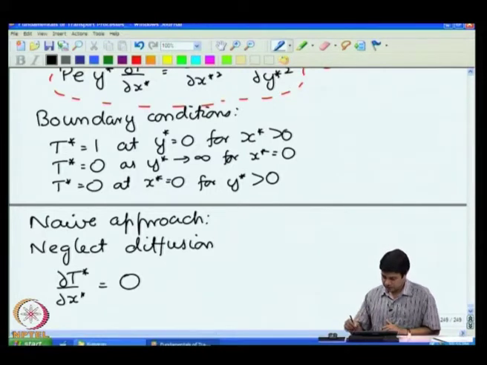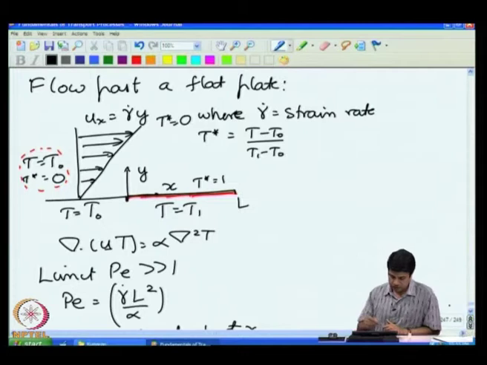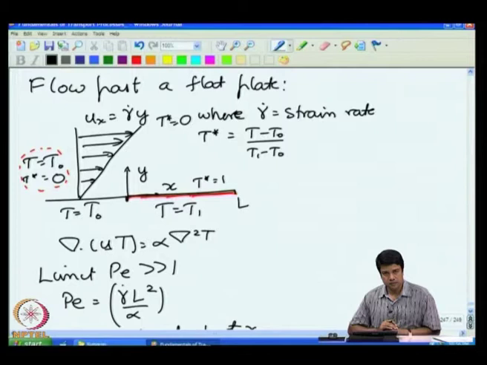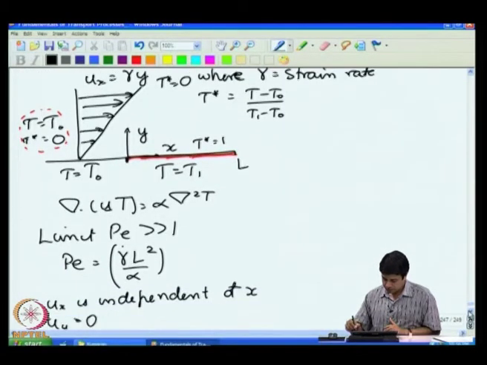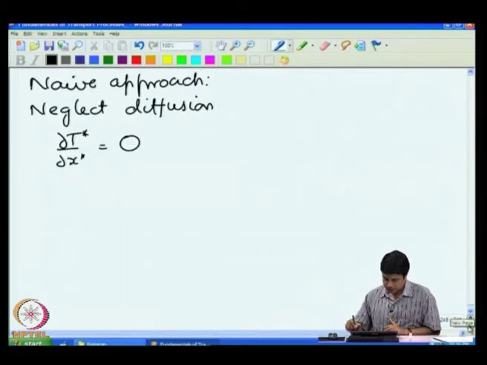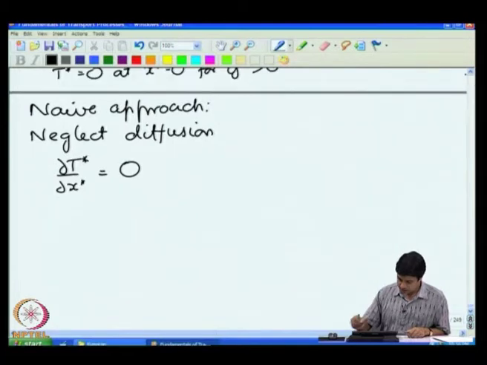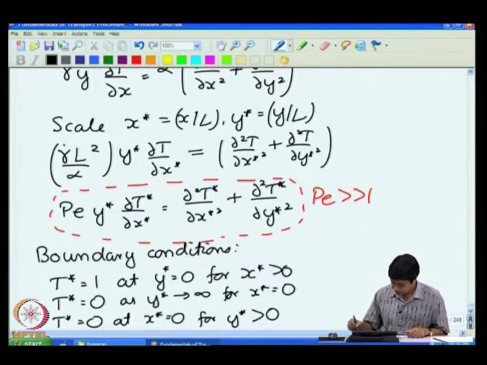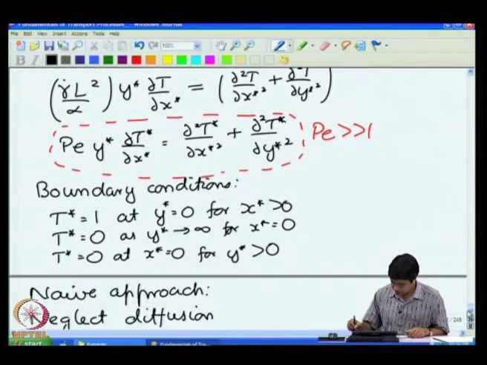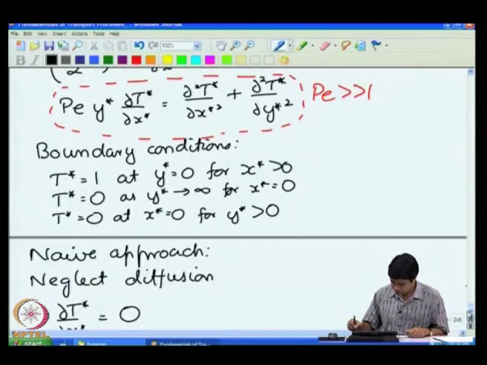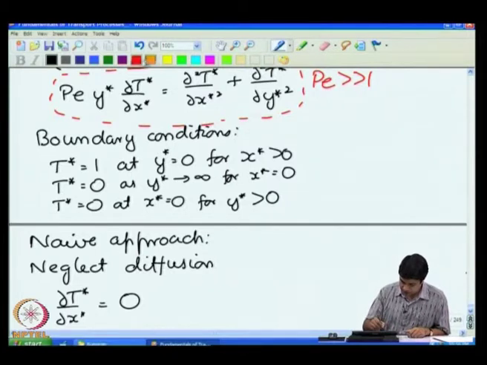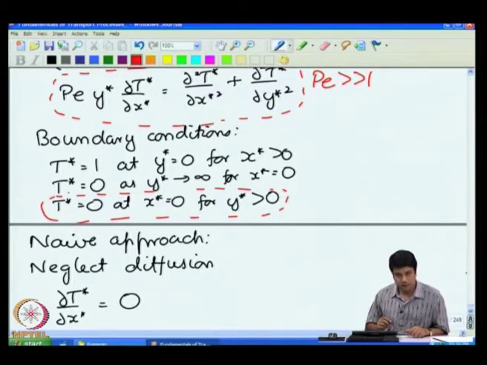The temperature is independent of x. It depends only upon the y coordinate. However, that means that if dT star by dx star is equal to 0, this condition tells us that T is equal to 0 for all y at x is equal to 0.